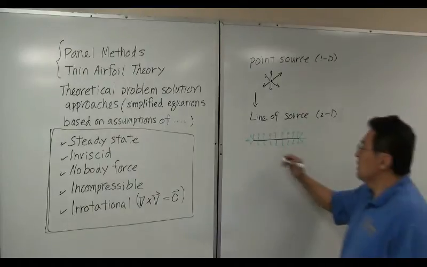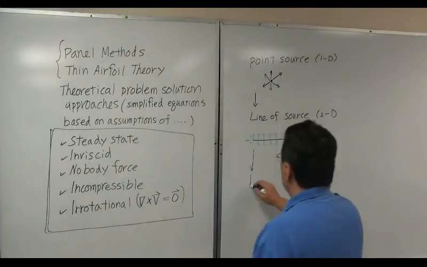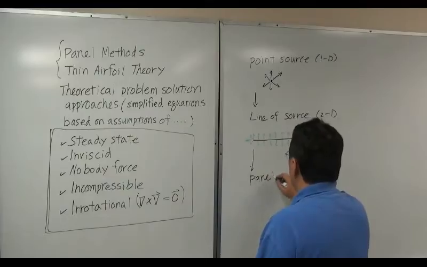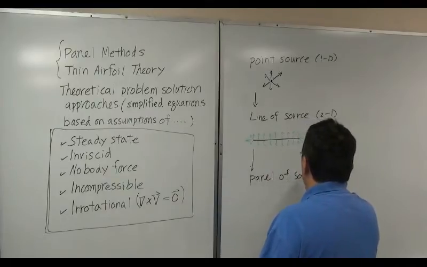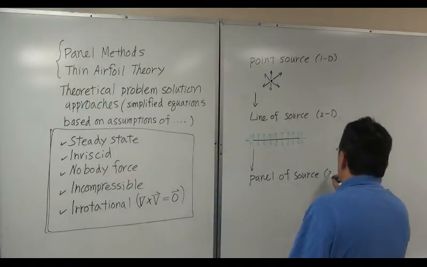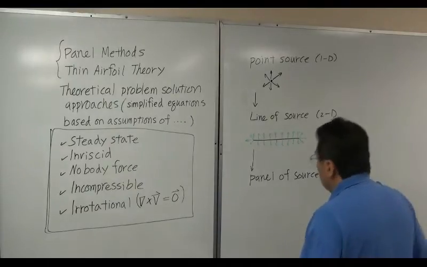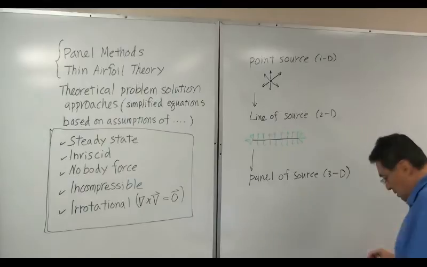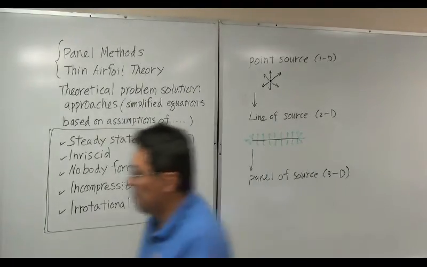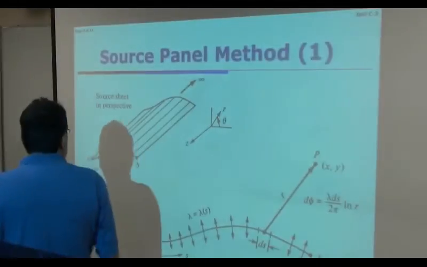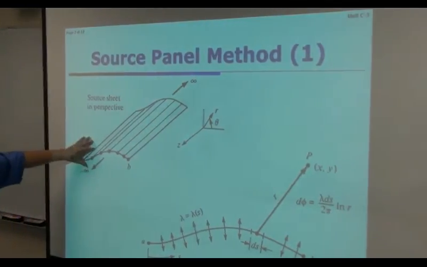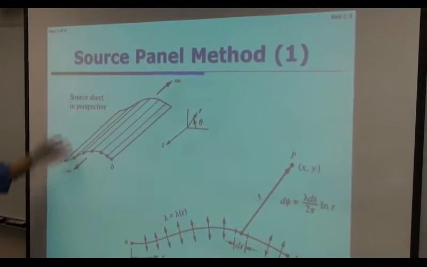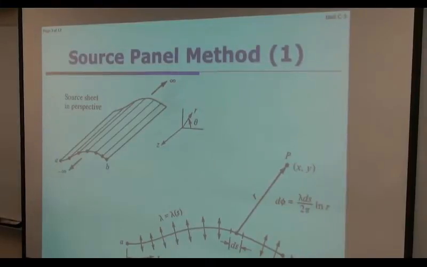Then I'm going to extend one more step. Let's call this a panel of source. Here we go. It's a 3D concept. So this is a three-dimensional panel of the source, or called a source sheet.